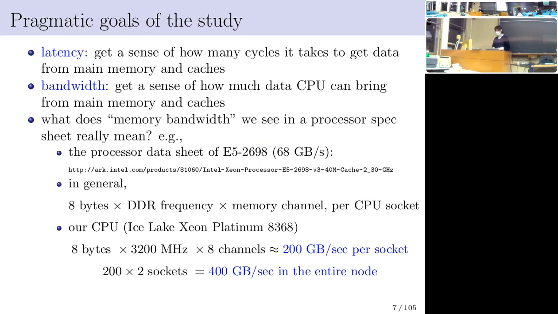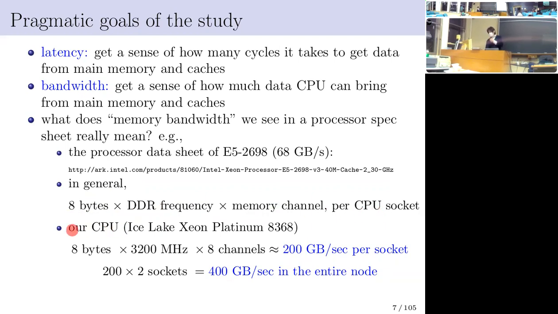This is what Intel advertises as the memory bandwidth of this particular processor. Generally speaking, it is calculated by the following equation: 8 bytes multiplied by the DDR frequency, that is, the memory frequency, multiplied by the number of memory channels, which is essentially the configuration of a particular CPU. This is the max bandwidth per CPU socket.